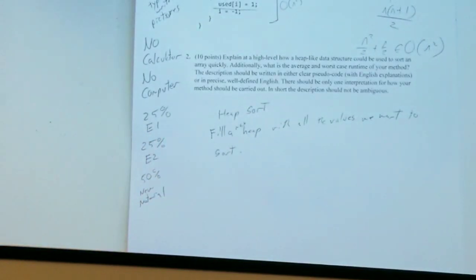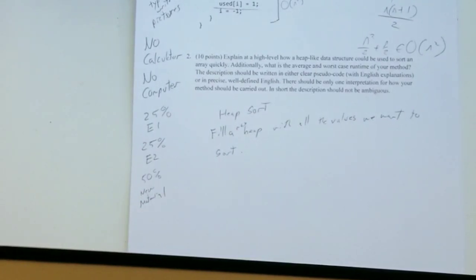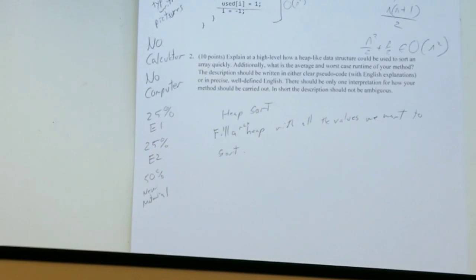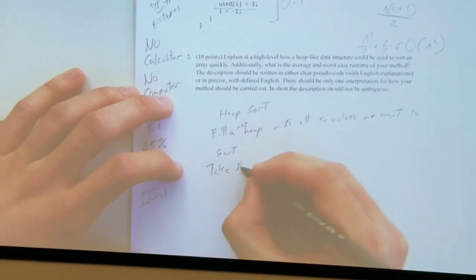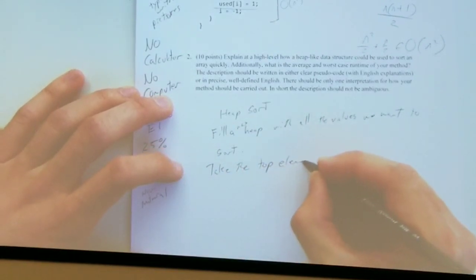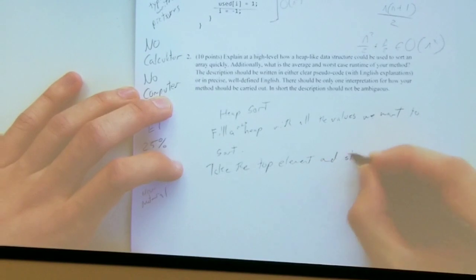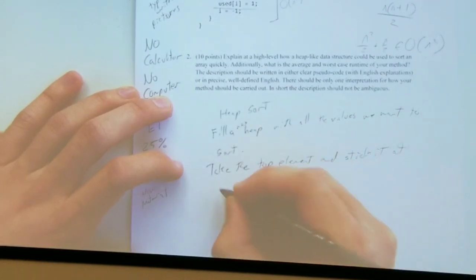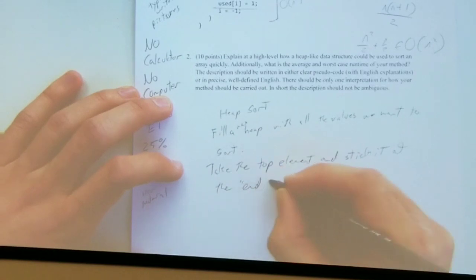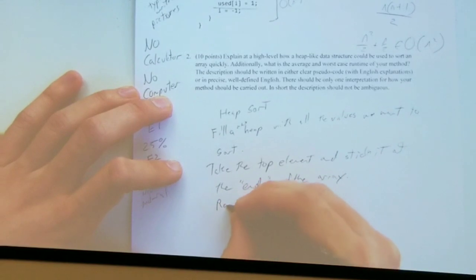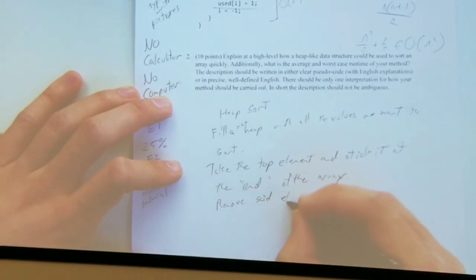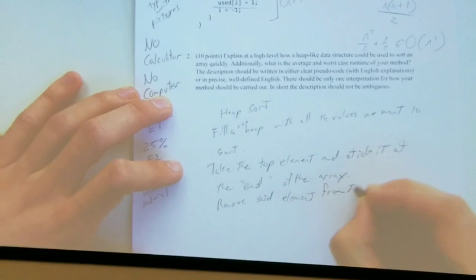The last value in the array is always the maximum element in a sorted array. And additionally, the first element in a max heap is always the maximum element, which means the first element in our heap is going to be the last element of our array. So take the top element and stick it at the end of the array, and then remove said element from the heap.